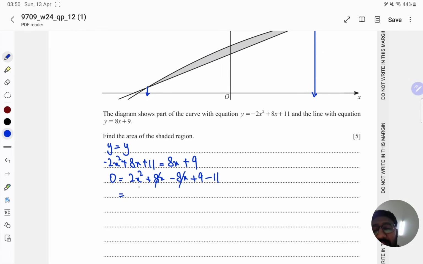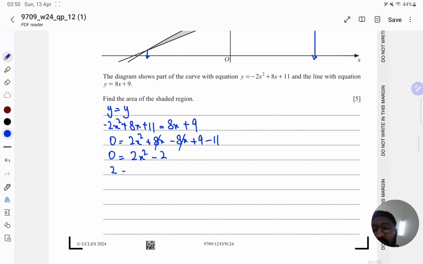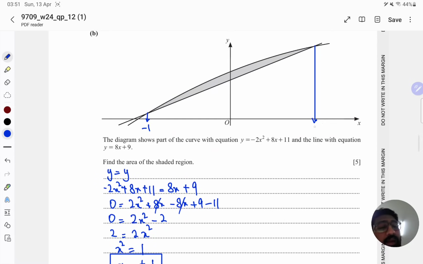So these will cancel out. 2x square minus 2 equals 0. 2 will be equal to 2x square. X square will be equal to 1. And if we take the square root on both sides, we will be able to find the values of x. So basically this is minus 1 and this is plus 1.